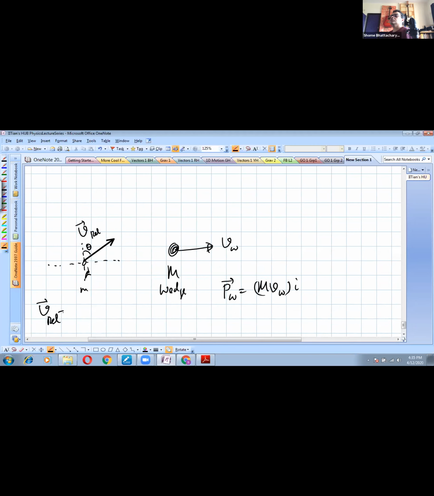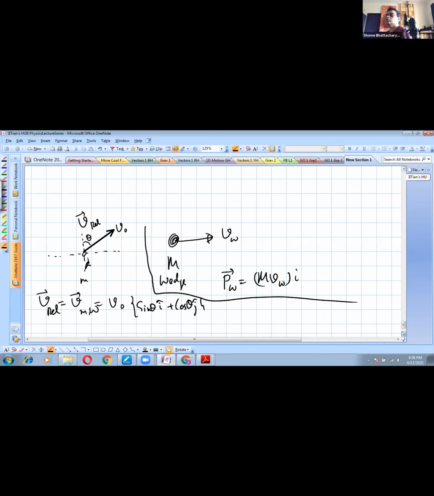The relative velocity of the person with respect to the wedge, I can write as v of small m with respect to the wedge, that is equal to v0, because this magnitude I have taken as v0, which is a constant, into sine theta, where theta is the angular displacement of the person from the starting point.